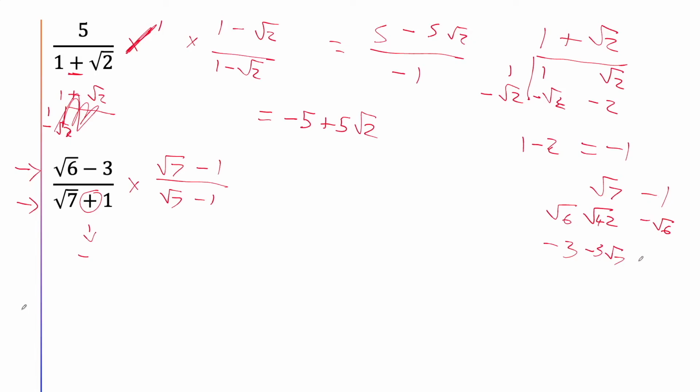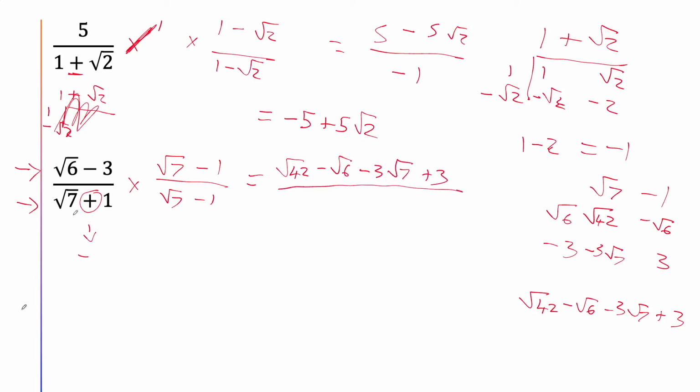And minus 1 times minus 3 is just 3. So here we got root 42 minus root 6 minus 3 root 7 plus 3.